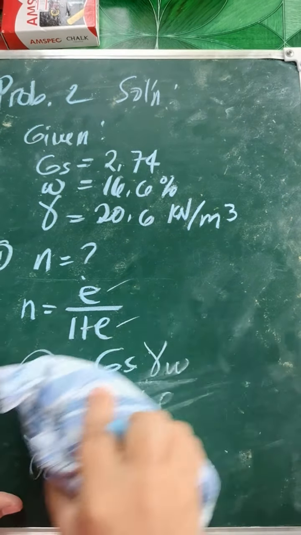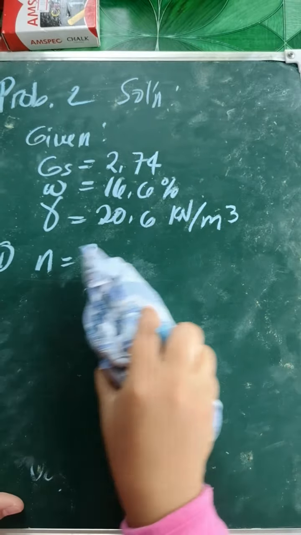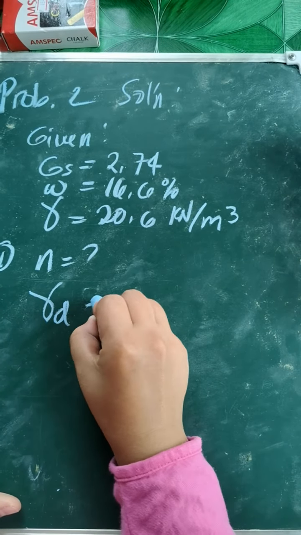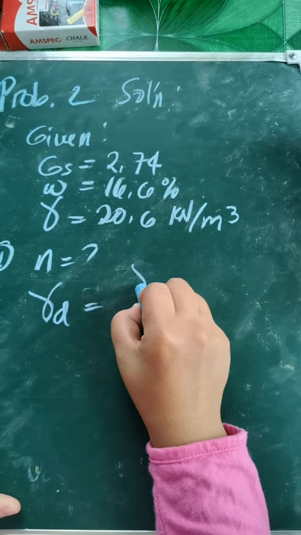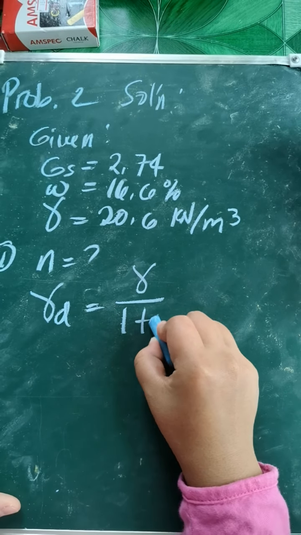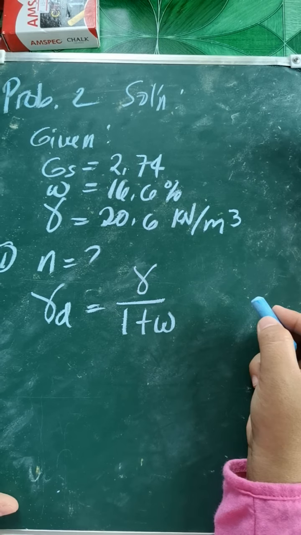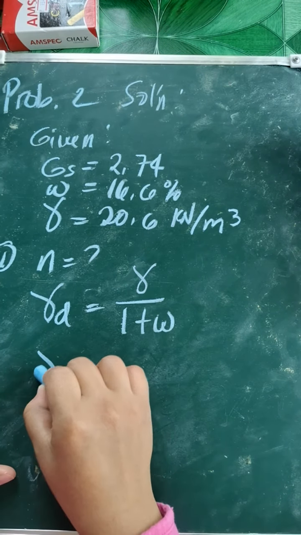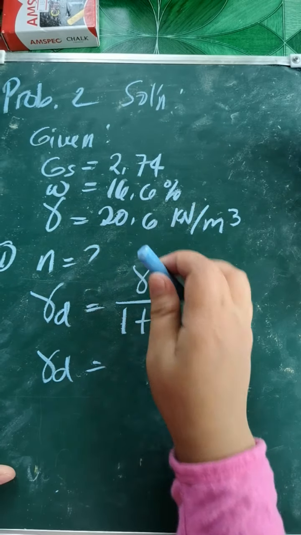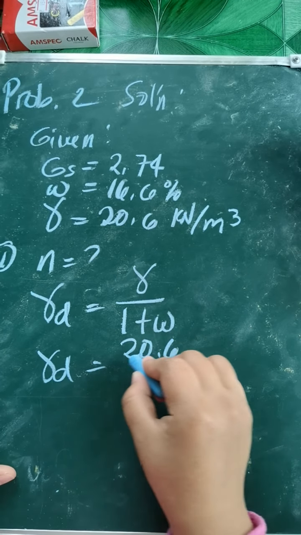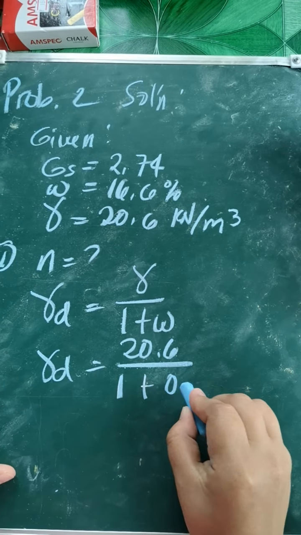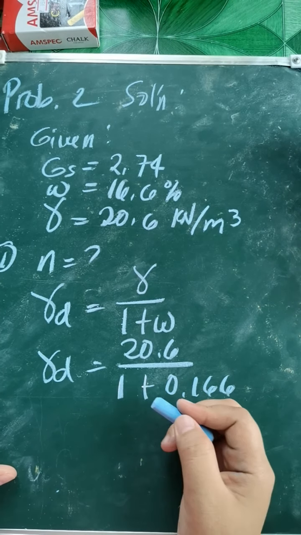Okay, so let's try to solve first the gamma dry. The gamma dry is equivalent to the gamma moist over 1 plus the moisture content. So gamma dry equals the given here, 20.6, all over 1 plus, in decimal form, 0.166.